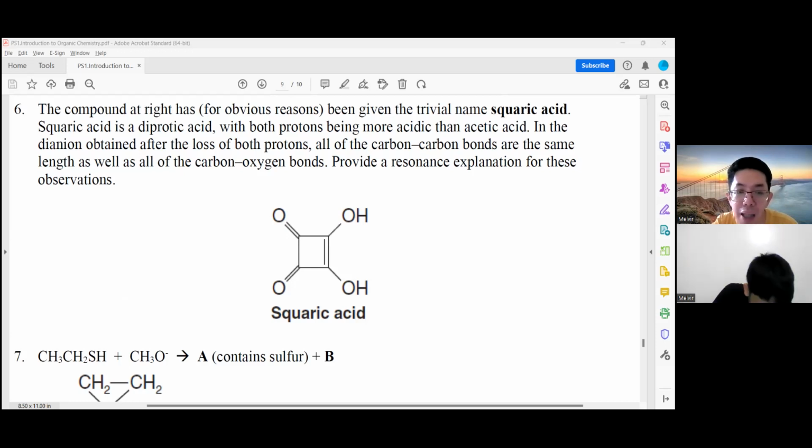Pero dapat naka-dianion form na, ha? Hindi po allowed yung mga constitutional isomer. Resonance structures lang ang hinihingi ko. Pwede mo na dyan ipakita.